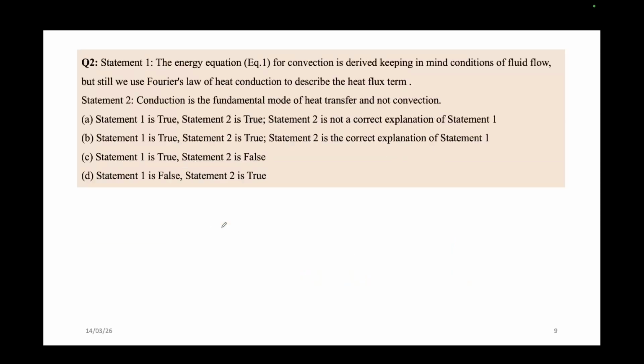Similarly, next question. The energy equation for convection is derived keeping in mind the following conditions. These are the options given. I'm just writing the equation again, maybe you will forget this equation.